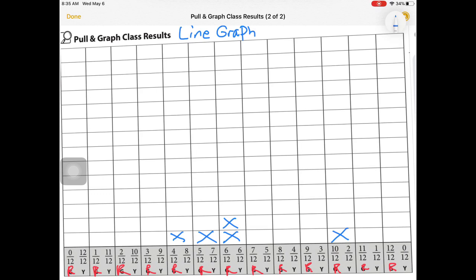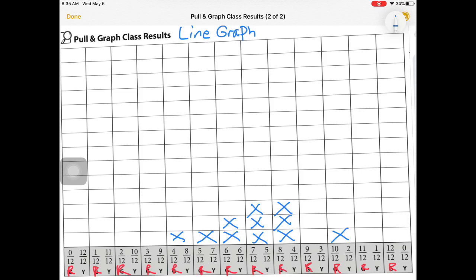And then we had more red than yellow, 7 times red and 5 times yellow, and that happened on 3 occasions, or 3 rounds. And same for the 8. So on these rounds, we pulled 8 red and 4 yellow, which I thought would happen the most.